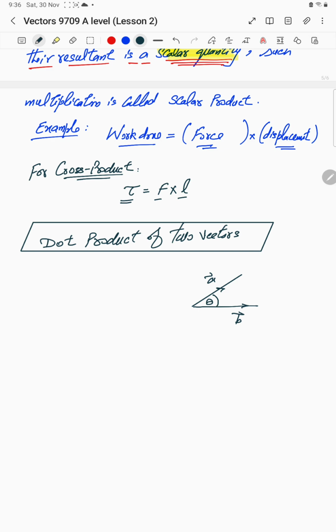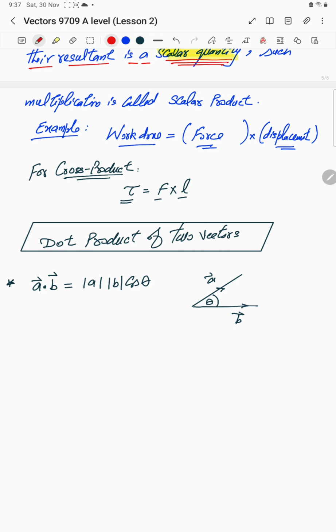They can move in any direction. Then the dot product says vector A dot vector B will be equal to modulus of vector A times modulus of vector B times cos of theta. This is the formula or the rule.